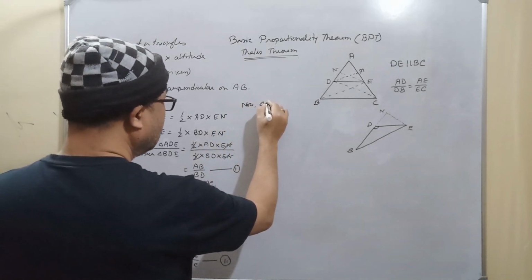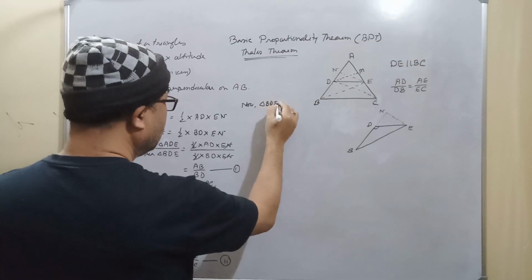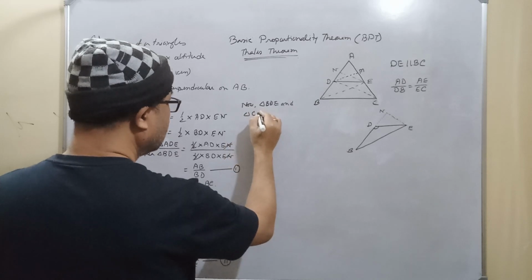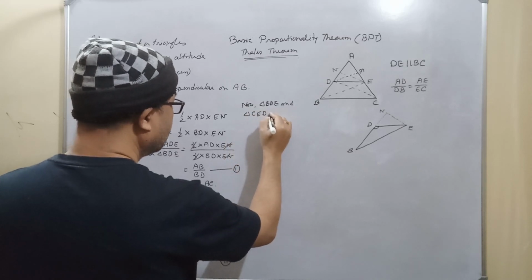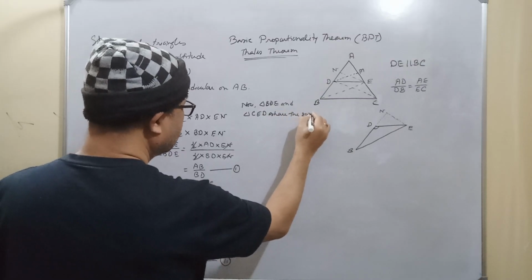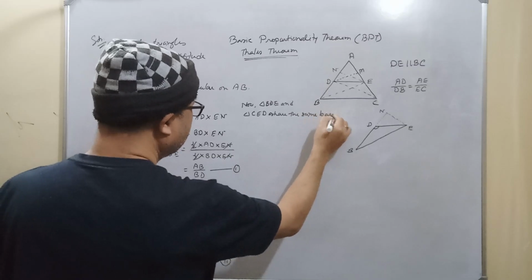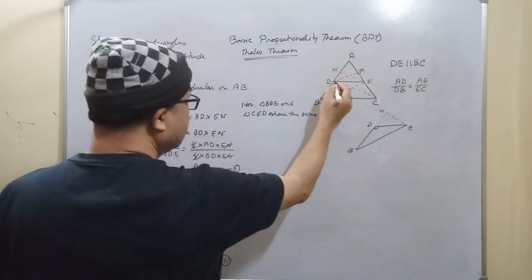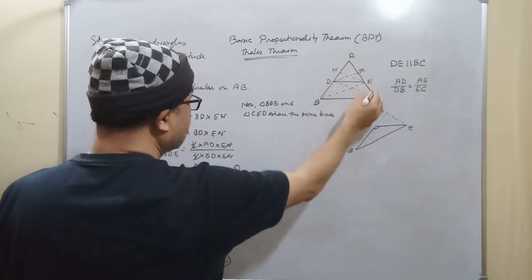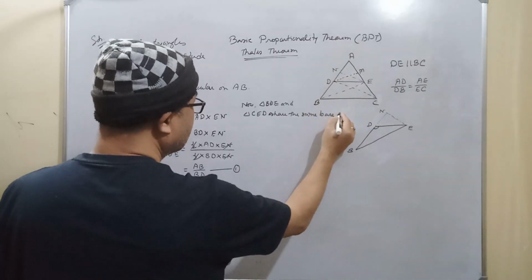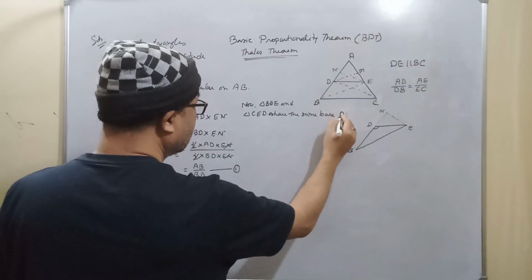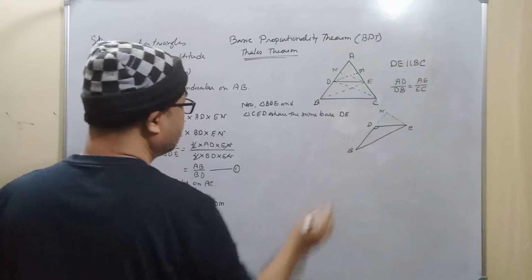Now triangle BDE and triangle CED share the same base. Suppose DE is the base, then this triangle and this triangle share the common base DE.